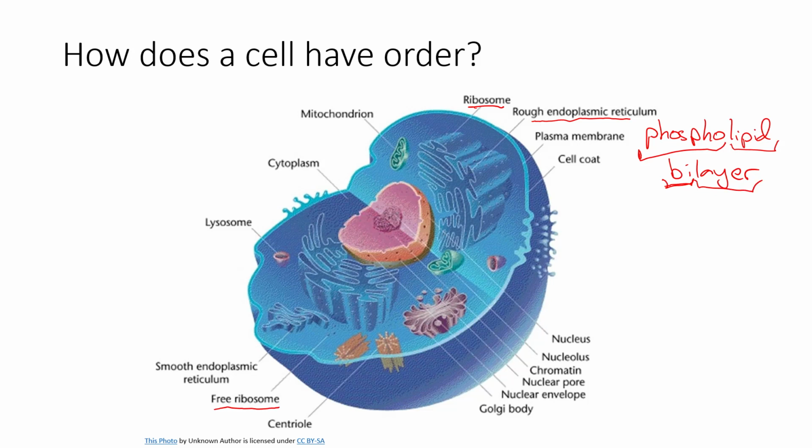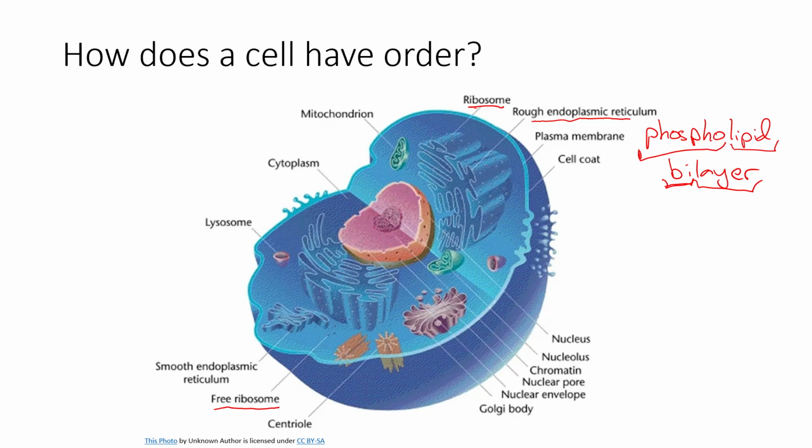So phospho is referring to the fact that it has a phosphate in it. Lipid is a fat, so it consists of part phosphate, part fats, and it's a bilayer. Bi means two, layer, we're just talking about the layers. So it's actually two layers of fats and phosphate heads that are going to come together to create this membrane.